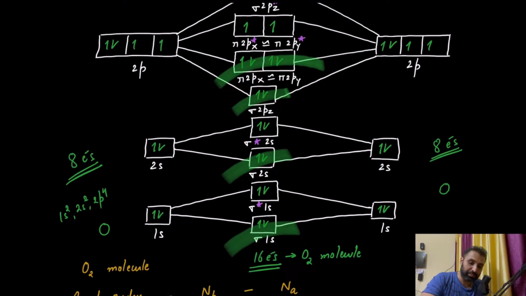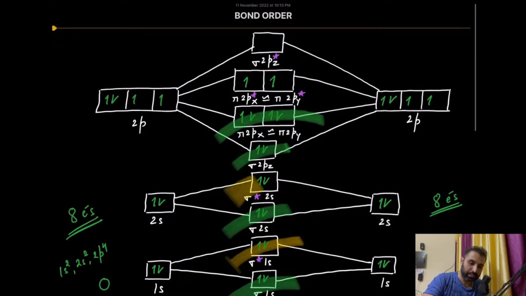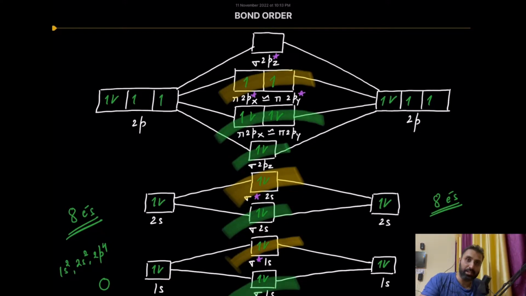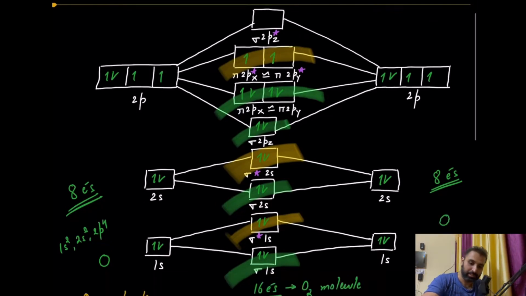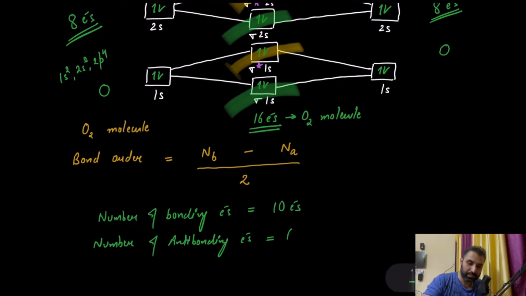So we got the first two, 3 and 4, 5 and 6. So we got 6 electrons in anti-bonding molecular orbitals.